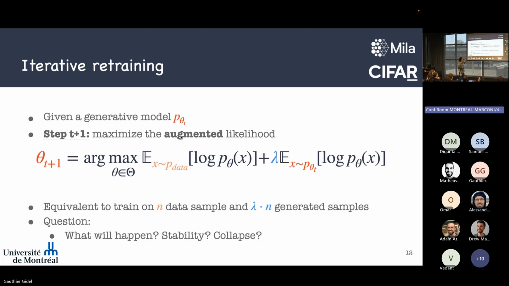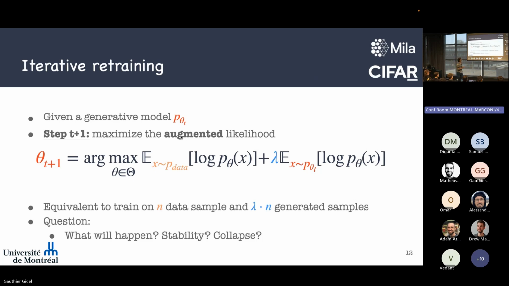And at the following step, we will maximize what we call augmented likelihood. Maybe it's not the best name, but this is the likelihood with an additional term that depends on our data. Before, we were just maximizing the likelihood depending on the previous data. Now we have a mixture between real data and the generated data at the previous time step.